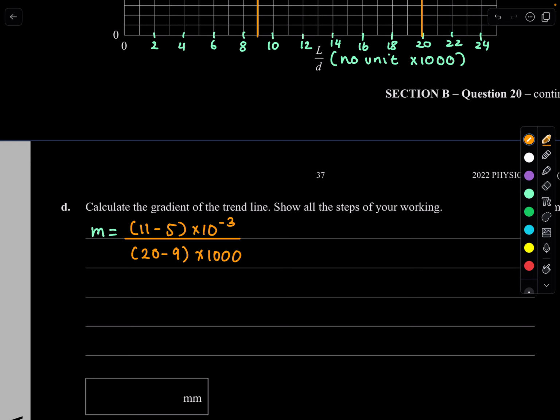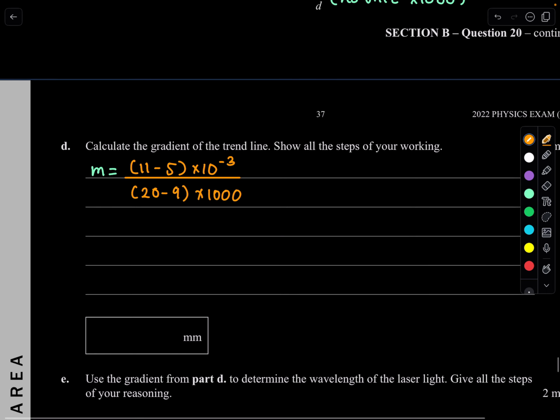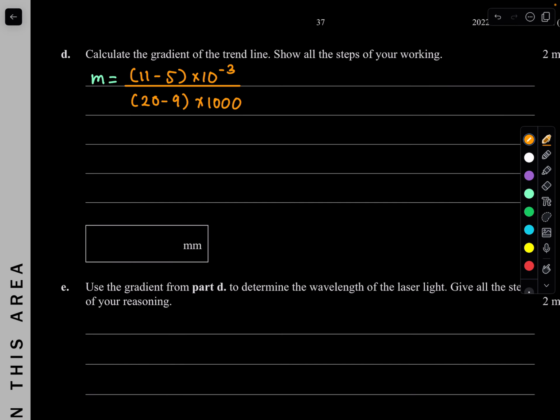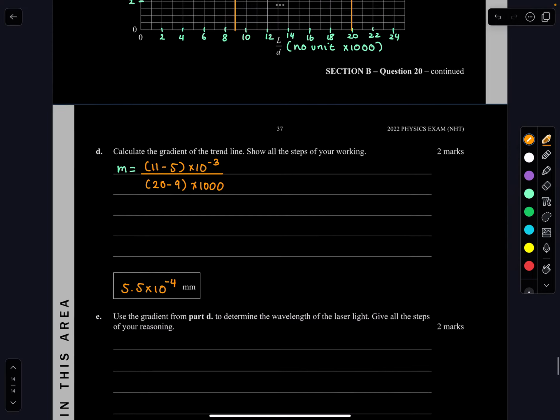All right, so times 10 to the power of negative 3. So it gives me this. Oh, we want it in millimeters. So that's a meter, so just times it by 1,000 to get millimeters. I get approximately 5.5 times 10 to the power of, so 1, 2, 3, 4, negative 4 basically. Millimeters, beautiful. That is it.